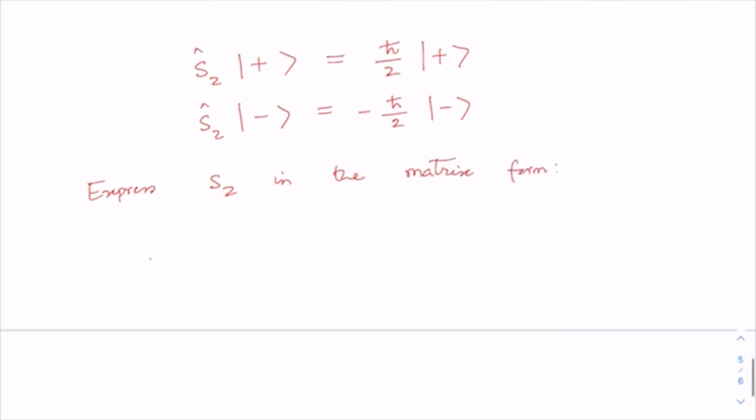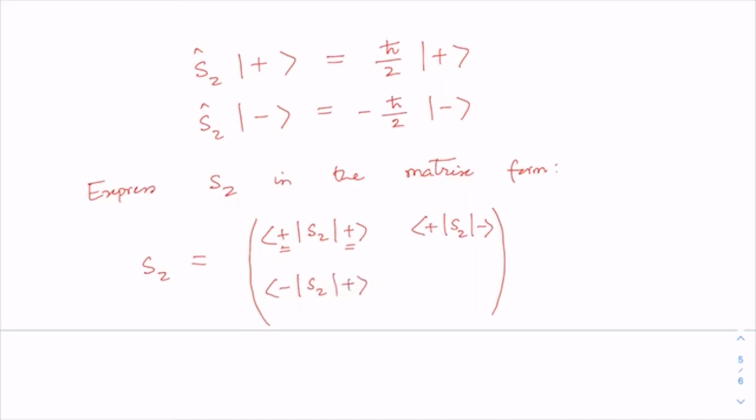It would be a 2 by 2 matrix. The elements would be: plus Sz plus, this is your row and this is column, then plus Sz minus, then minus Sz plus, and minus Sz minus.